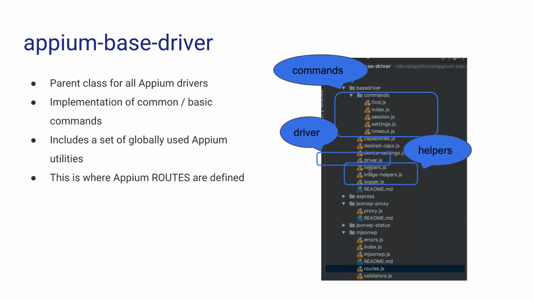Some of these are utilities, but these are utilities which are used specifically on the base driver. If you have utility methods that are common to more than that, then they would probably be in Appium support, as we'll see soon. And one of the most important parts that you have is the routes.js file.